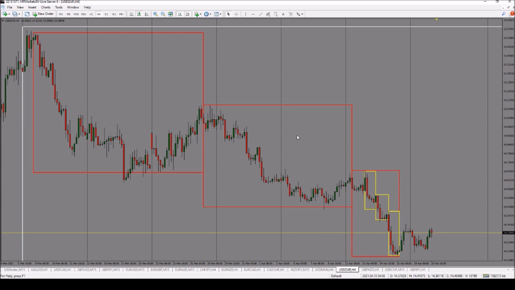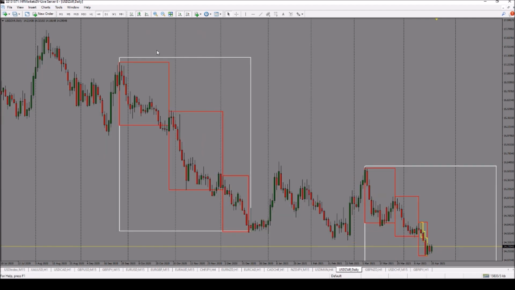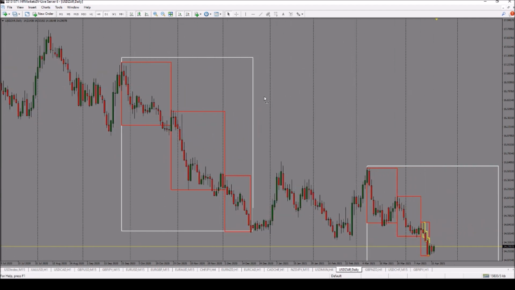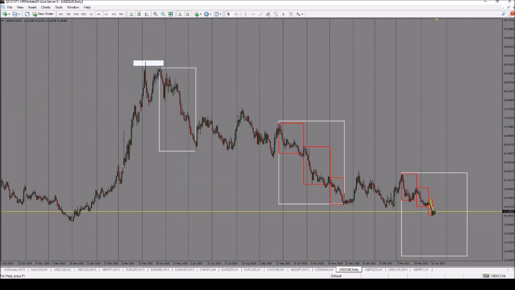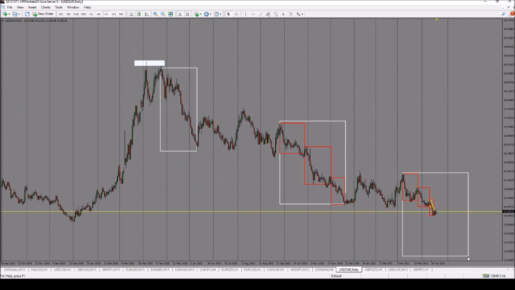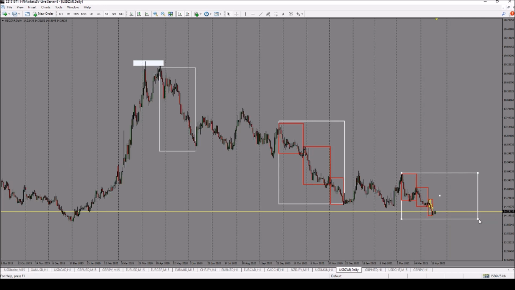So what are we now anticipating? We are trying to say that the daily wave cycle is completed. This is what we are trying to say, that this daily wave is completed.